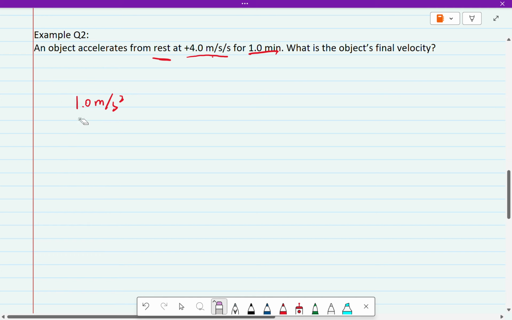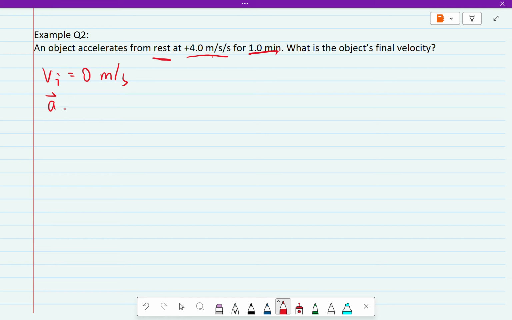There's no wording problem in this question. So the rest is still initial velocity, no problem. This 4 is actually, instead of final velocity, the acceleration of this object. And over the course of 1 minute. And this minute is not in SI unit, so we want to convert it to 60 seconds. And we are looking for the final velocity.